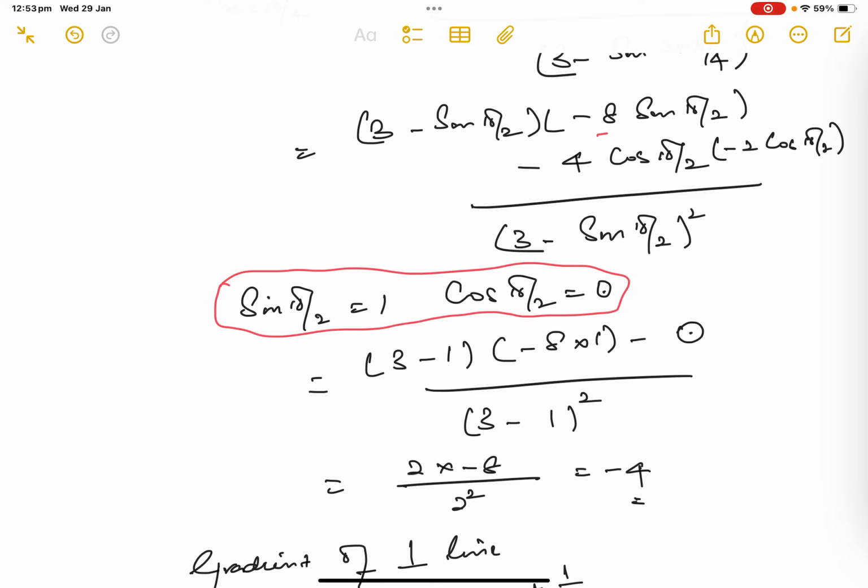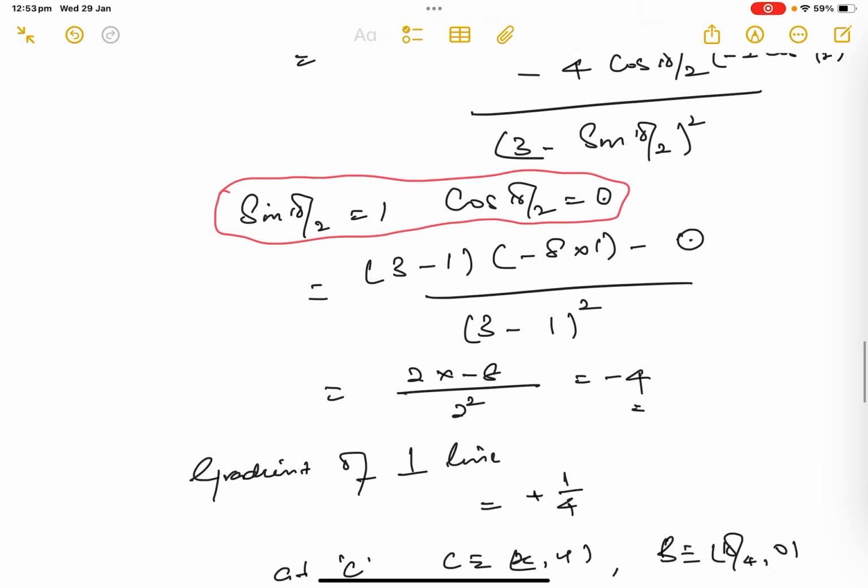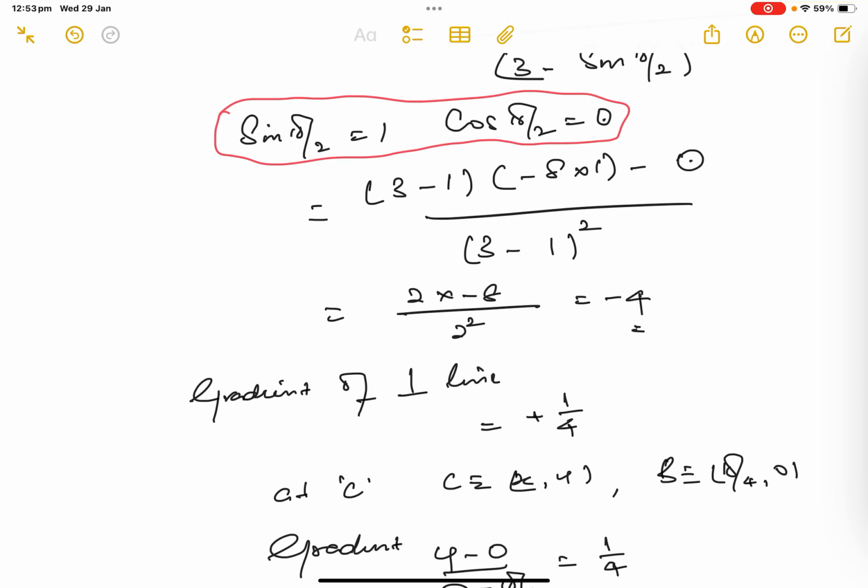And the denominator, 3 minus 1 is 2, squared. So 3 minus 1 is 2, and minus 8 times 1 is minus 8, divided by 2 squared, which is 4. Four is common, that's 2, so 2 times minus 2 is minus 4. So minus 4 is the gradient of the tangent at B.